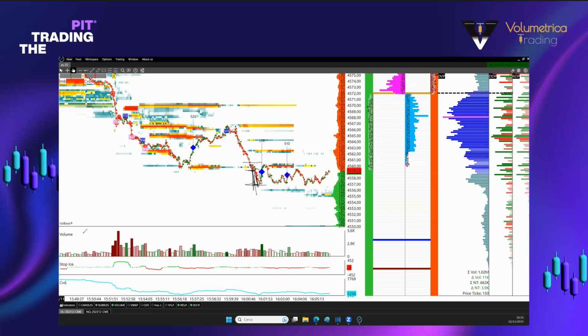And this is the first clue which tells us, okay, this level was broken. Ideally, when we have a break of a liquidity level, my suggestion will always be to wait for a pullback before making any decision.